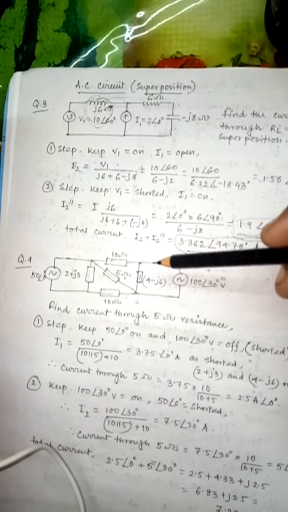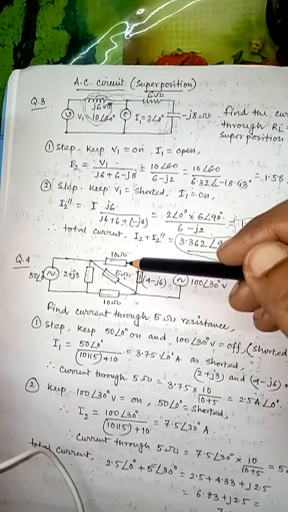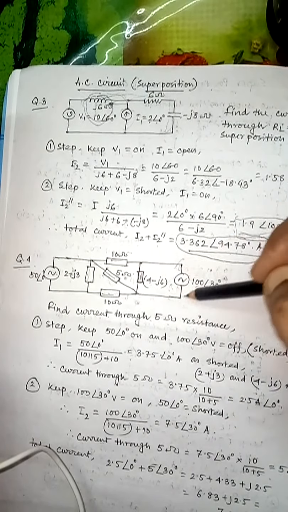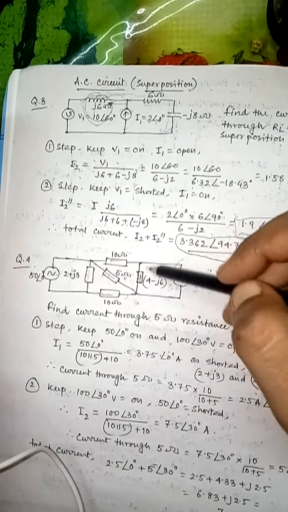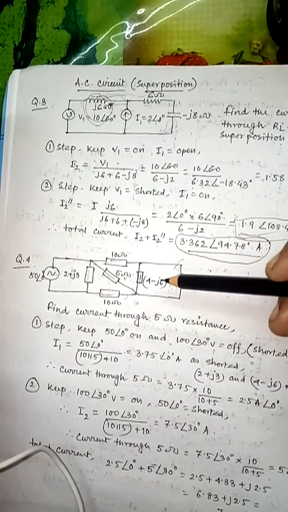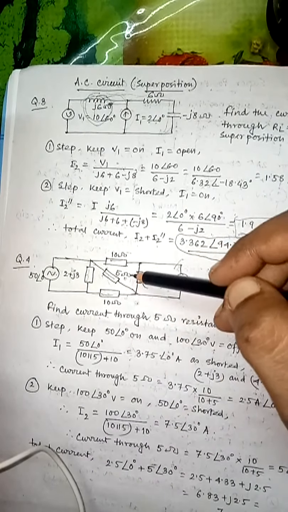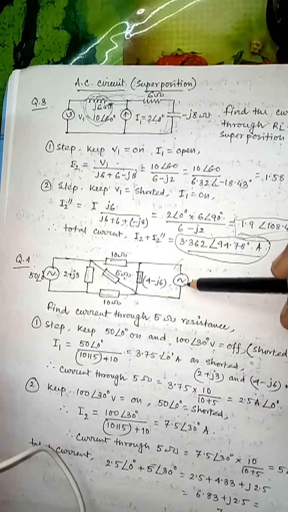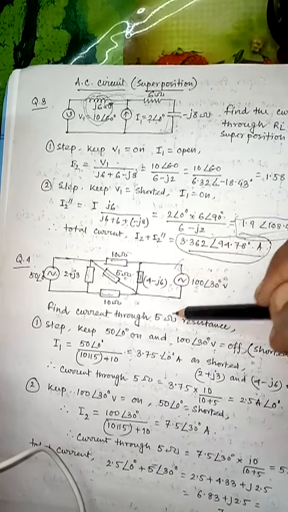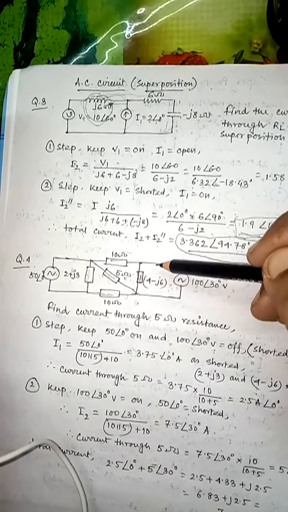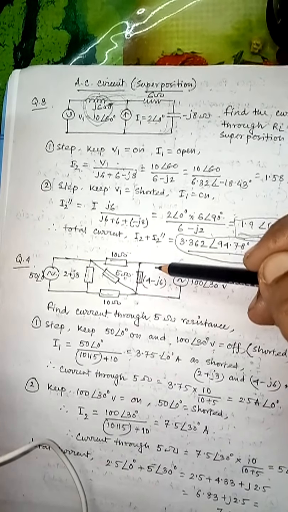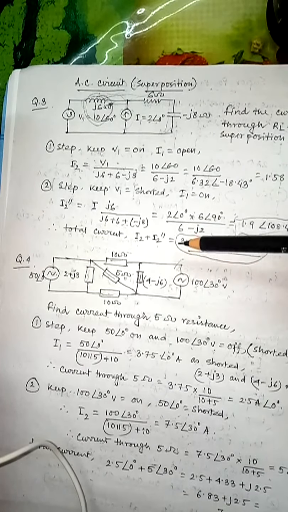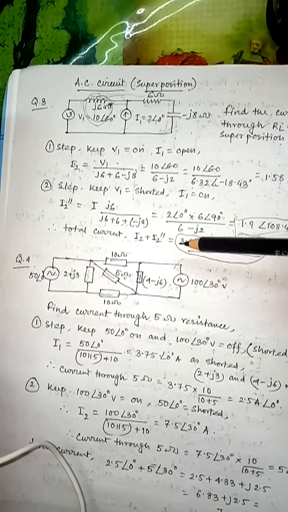Now you can solve this in many ways. For the superposition, first we are removing this one, so current is flowing through this particular circuit. What is the value here? It is 10, 5. Now when this particular source is removed, we get I1.